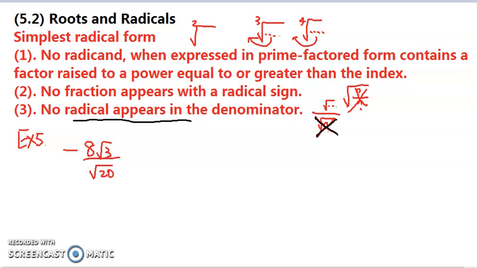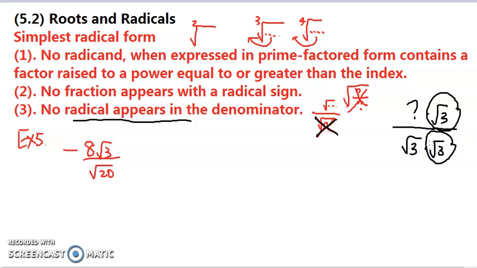Previously, in the example, we had a square root 3 on the bottom, and somehow we were able to change it to a 9 by multiplying both the top and the bottom by the same number, square root 3, because square root 3 times square root 3 will give us square root 9, which is equal to 3.